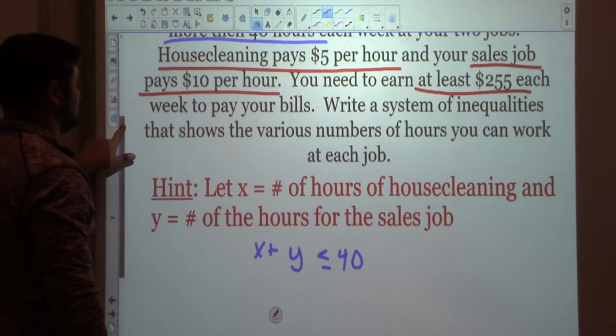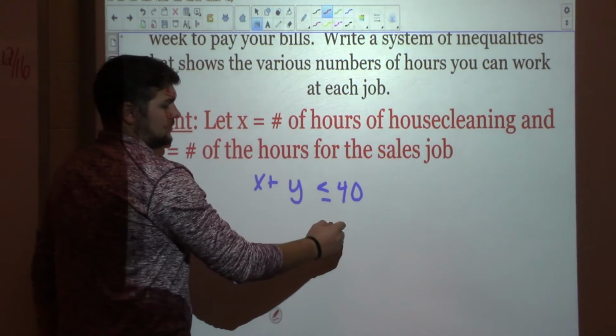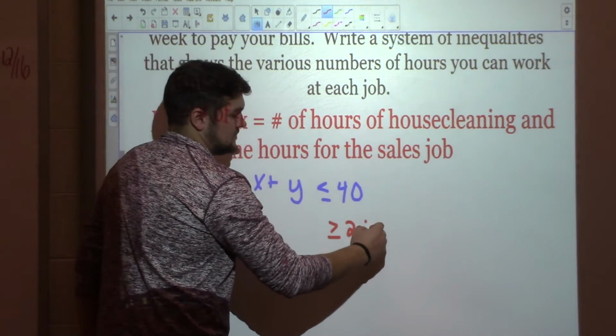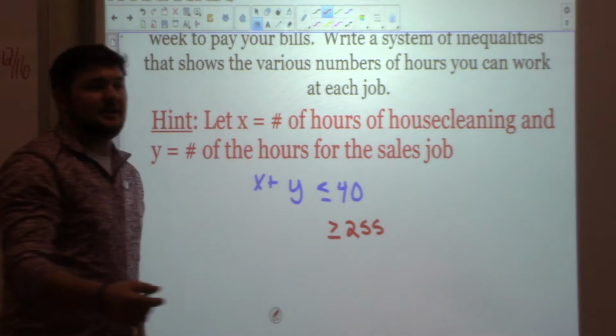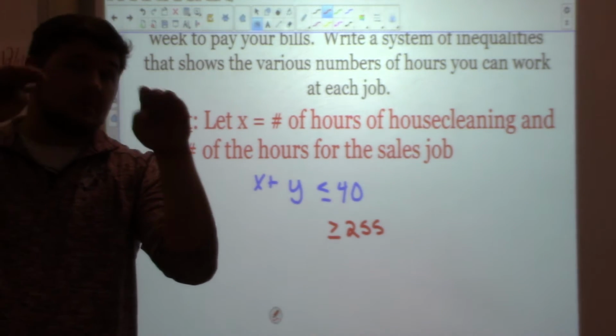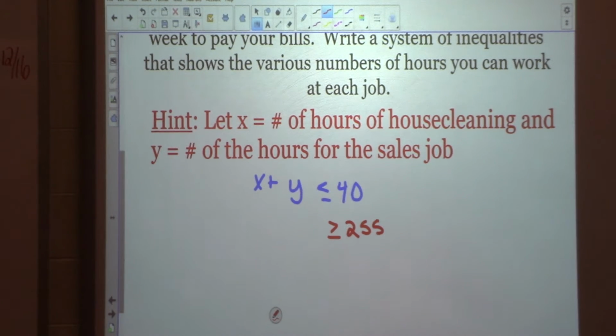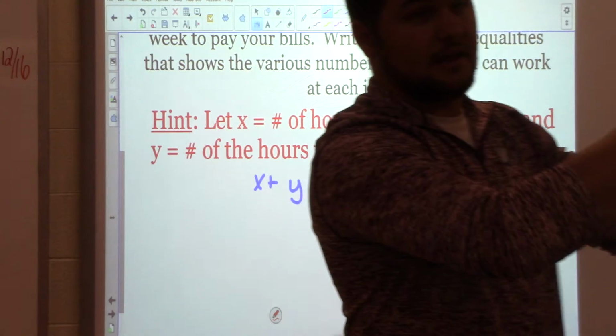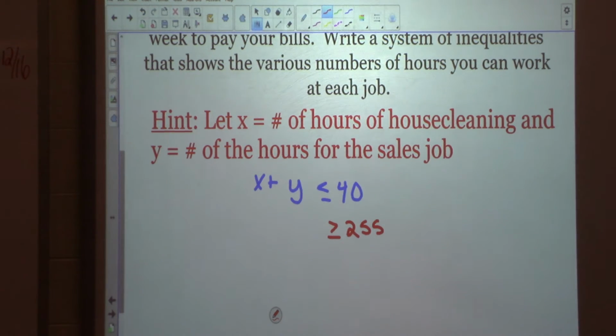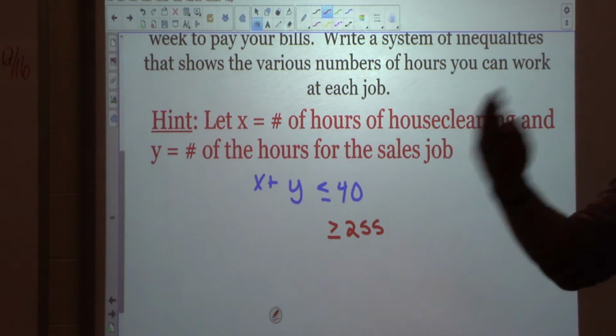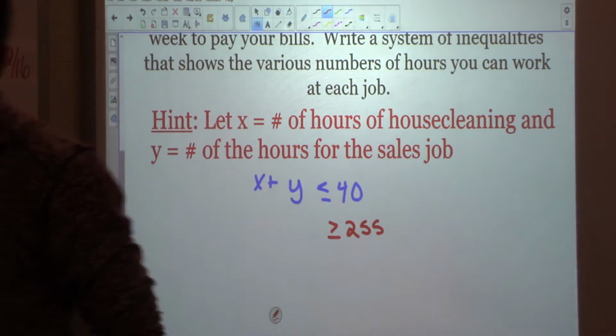Not less than or equal to. Greater than or equal to, right? At least is like at the bare minimum. I need to make $255 to pay for my stuff. I could make more than $255 and I'd be perfectly happy, but I need to make at least that $255. So I can make greater than or equal to $255.